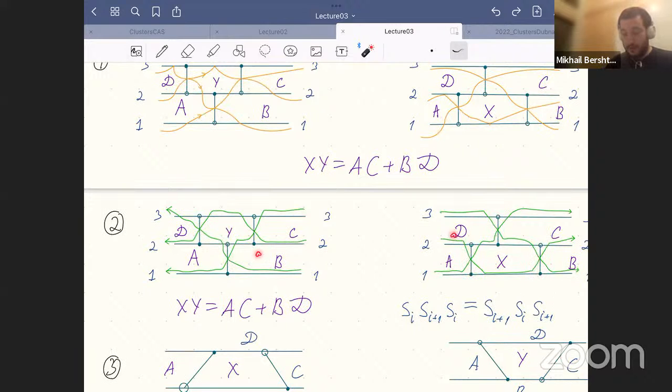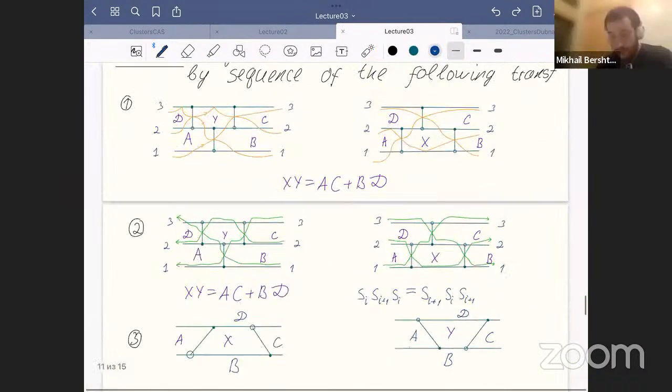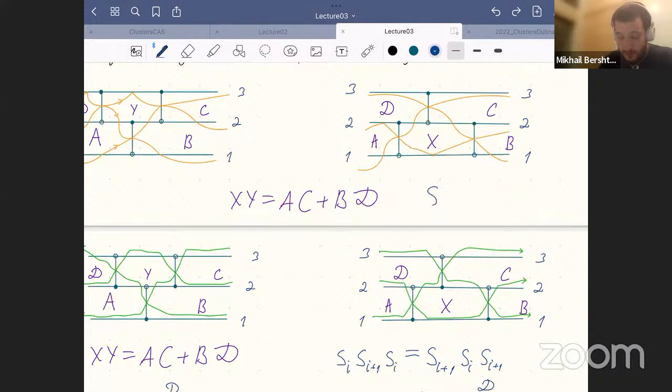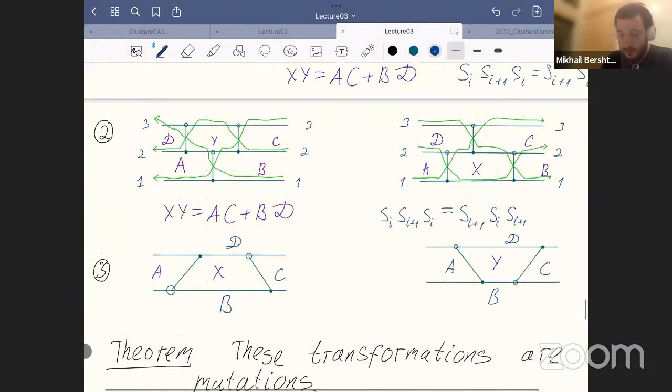So the relation between these two networks in terms of the permutation means exactly this.